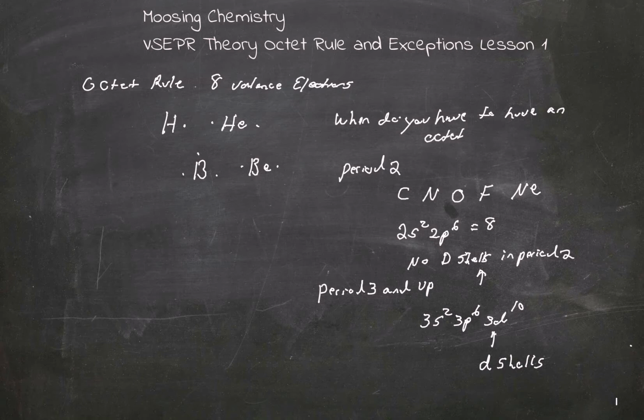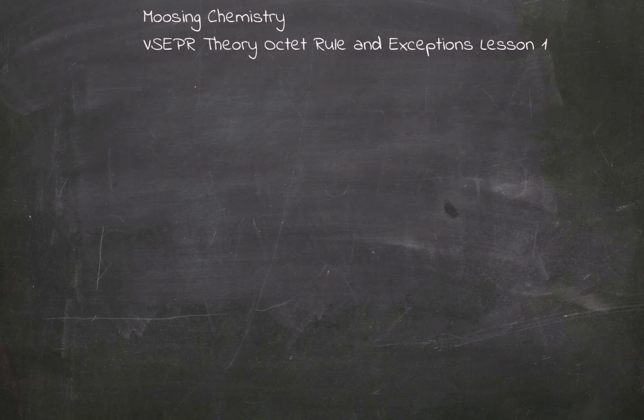There's also something called a dimer. Now, a dimer, guys, is really, really weird. For example, let's look at NO2. So we're going to talk about a dimer.